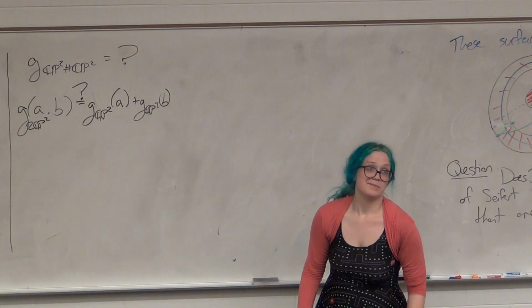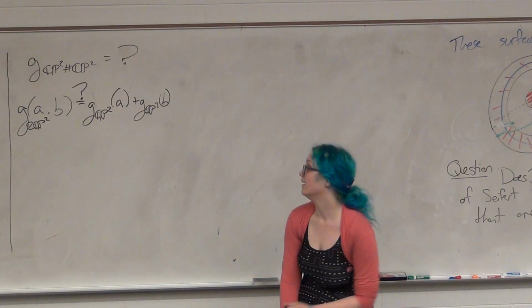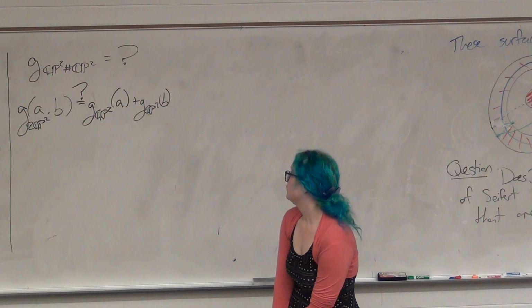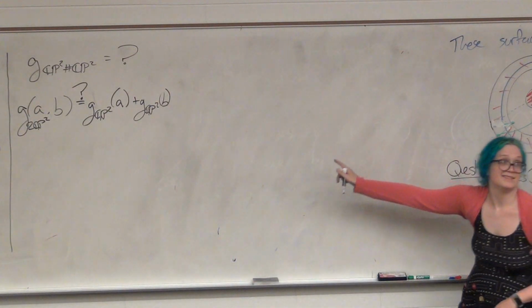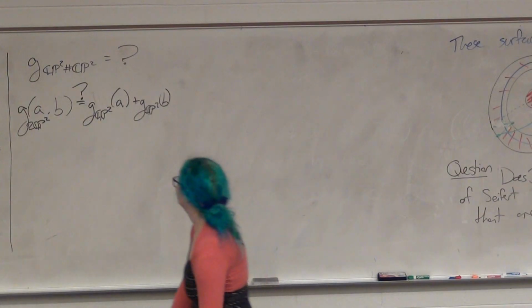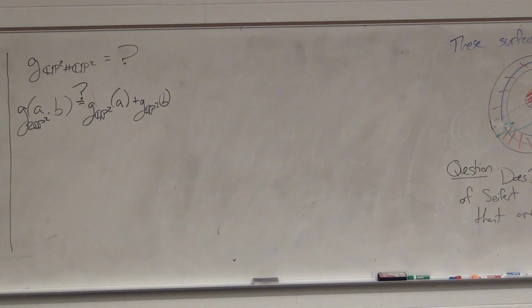It doesn't really matter, but clearly the genus will be additive. Okay, who already knows the answer? Anybody? No? Okay, so any guess? Guess? No? This is not true. It's a very good guess, and it fails immediately.